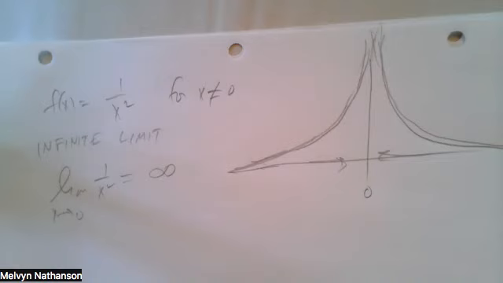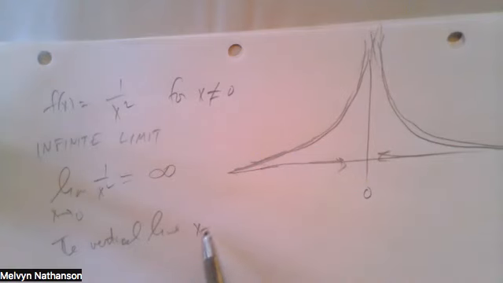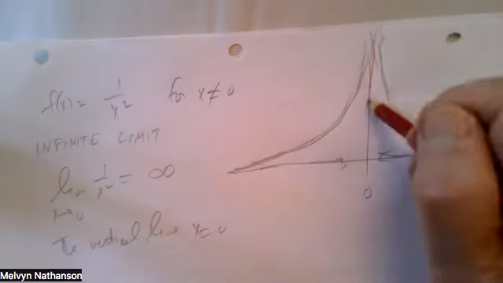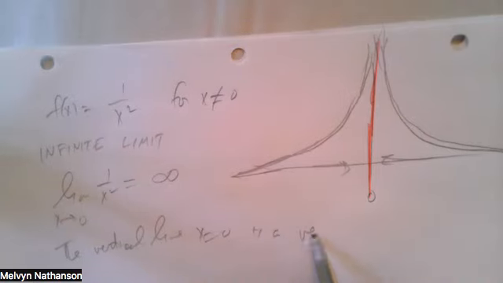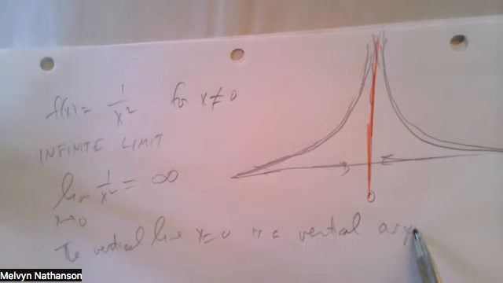And in fact, the vertical line x equals 0, that's this line, is what is called a vertical asymptote.